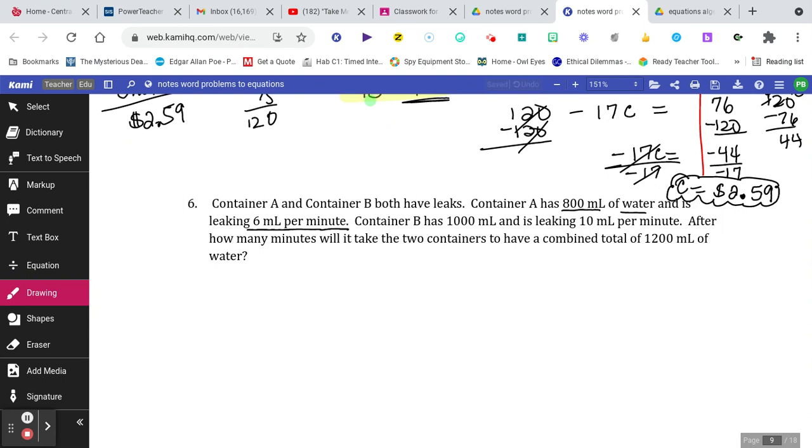So it asks, after how many minutes will it take the two containers to have a combined total of 1,200 milliliters of water.